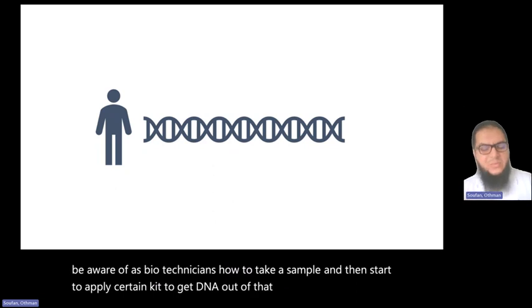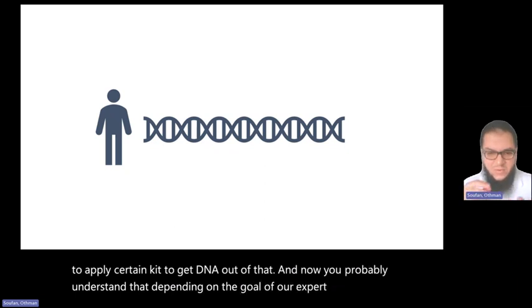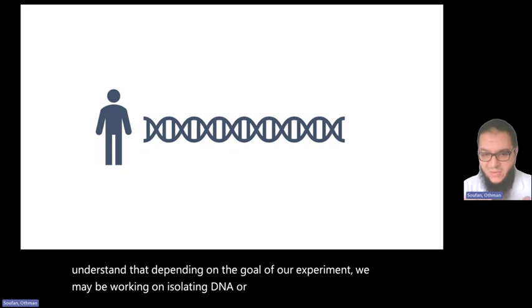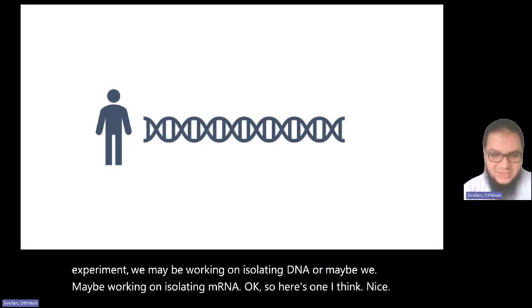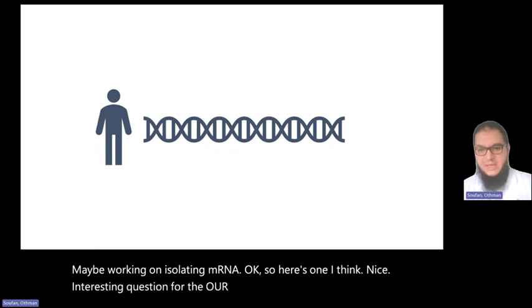Now you probably understand that depending on the goal of our experiment, we may be working on isolating DNA, or we may be working on isolating mRNA. So here's one nice, interesting question for our treasure hunt activity.